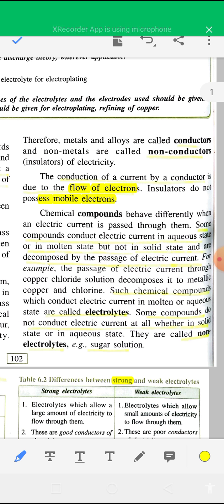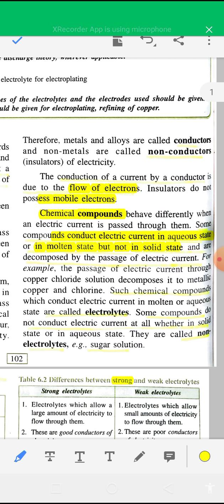And there are some chemical compounds, like NaCl, concentrated sulfuric acid, sodium hydroxide, which are not pure metals, but they can conduct electricity. Some compounds conduct electricity in aqueous state or in molten state, not in solid state, remember that.